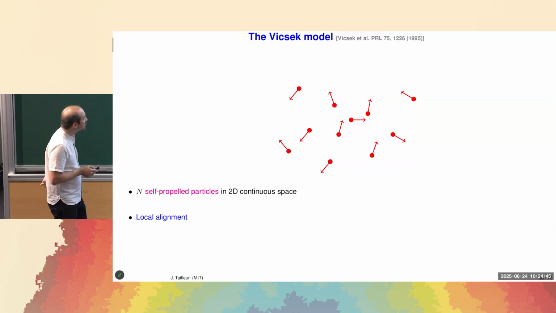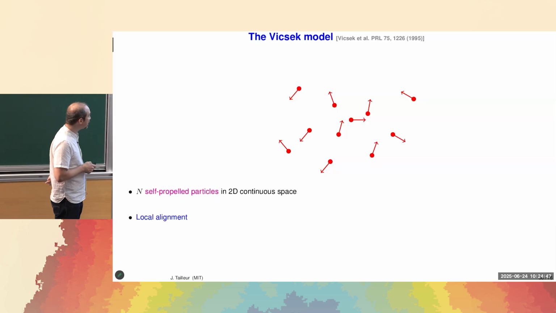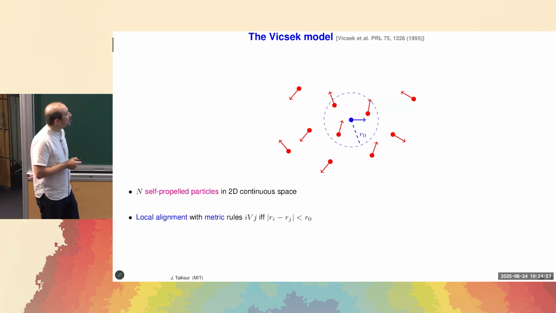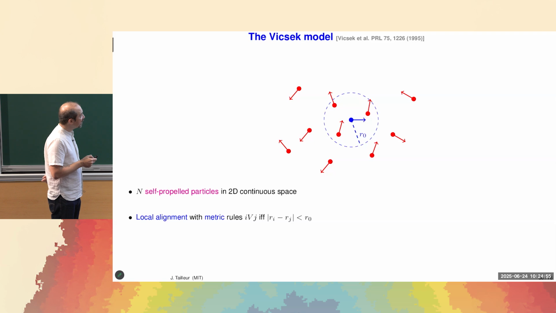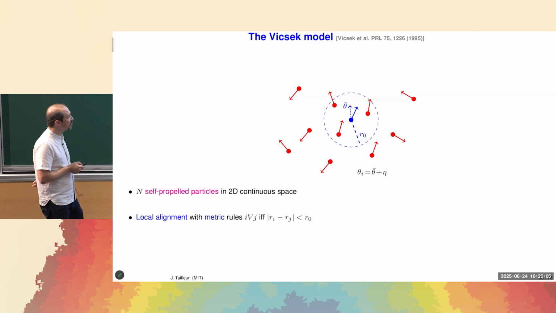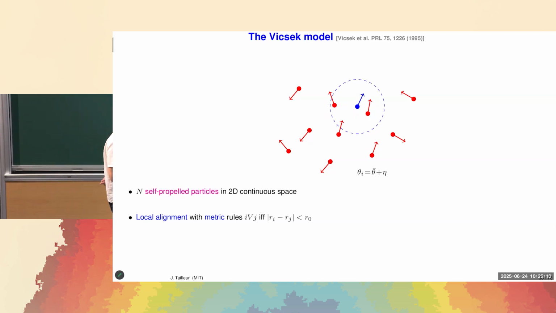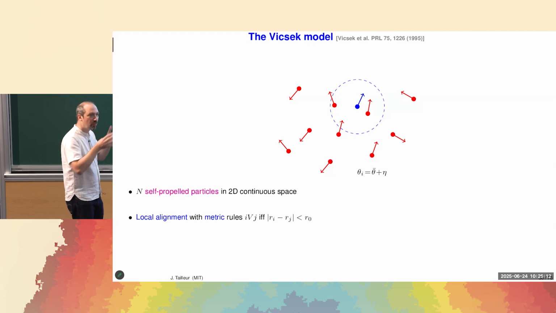We take N self-propelled particles in 2D, in a continuous space, and we implement a local alignment rule, which is what we will call a metric rule, meaning that I take any particle, and I look at all other particles within a given distance, R0, that's why we call it metric. I compute their average orientation, and I align with this average orientation up to some noise. And then I step forward. So it's a little bit like ferromagnetism plus self-propulsion.